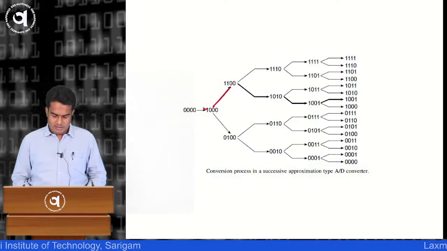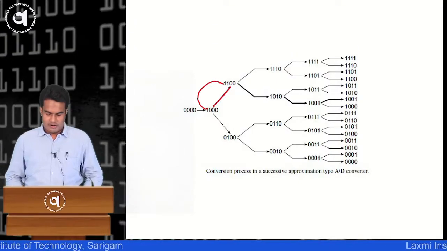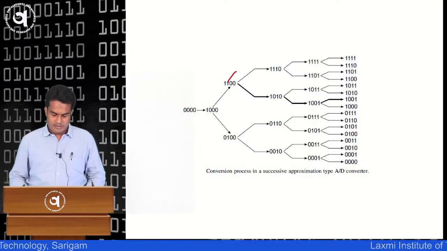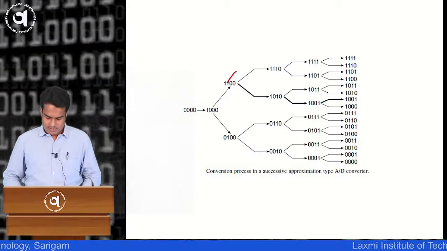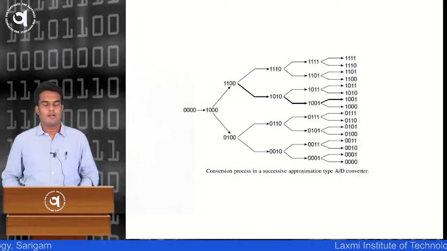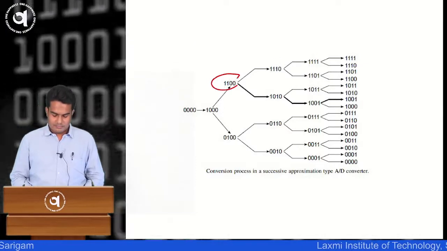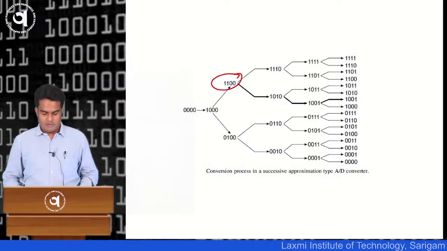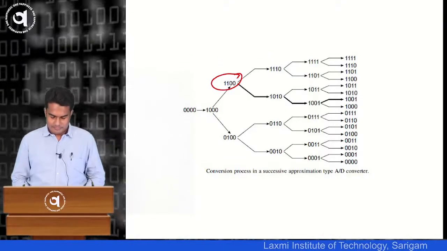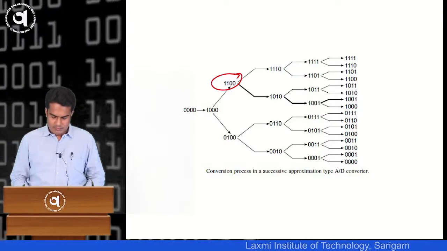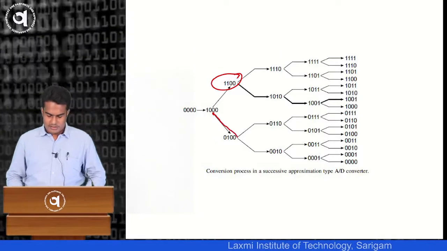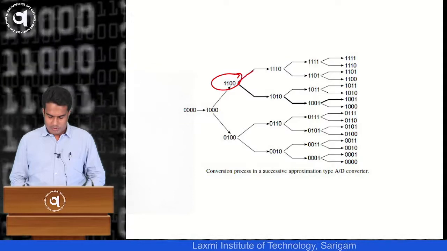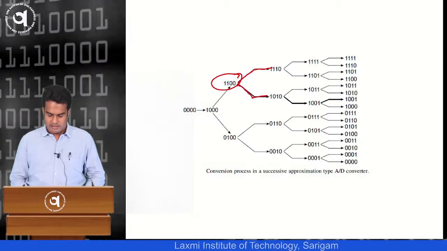As I told, according to the rule, the MSB will be retained as 1, and the next bit will be changed from 0 to 1. Again the conversion will continue, and if this digital value is still less than the analog value, it will come in this direction. If it is more, it will go in this direction, and if it is less, it will come in this direction.